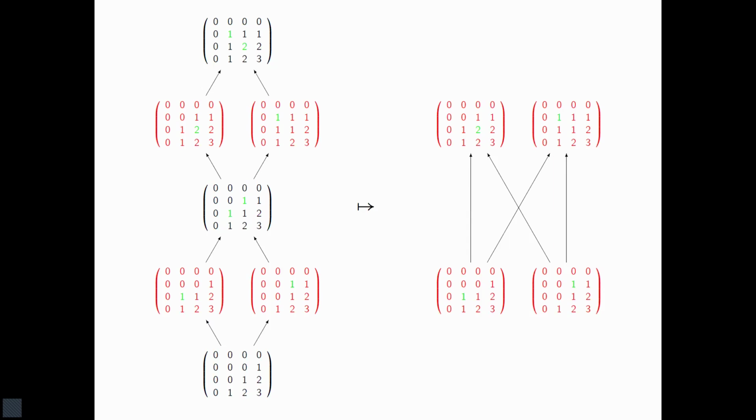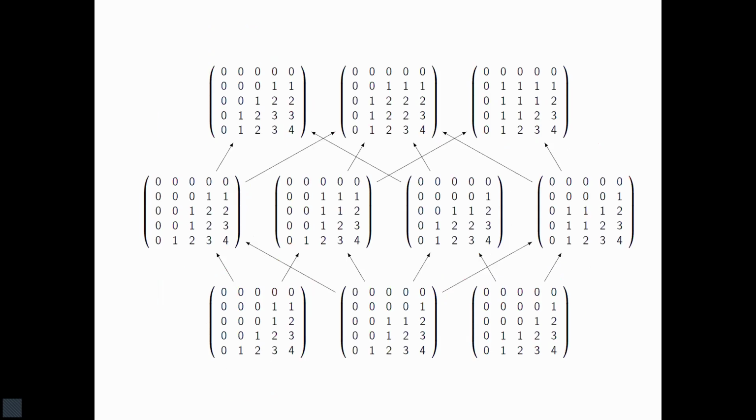So the join irreducibles are just those corner sum matrices where there's exactly one entry I can decrease. This is the same thing for the 42 element lattice, and you will agree, this is much less information to remember.